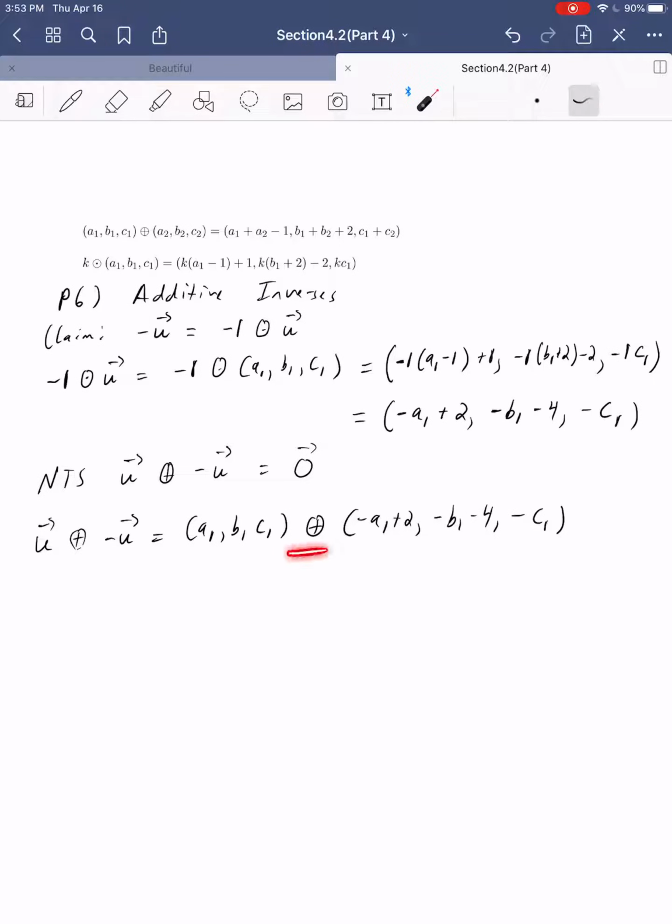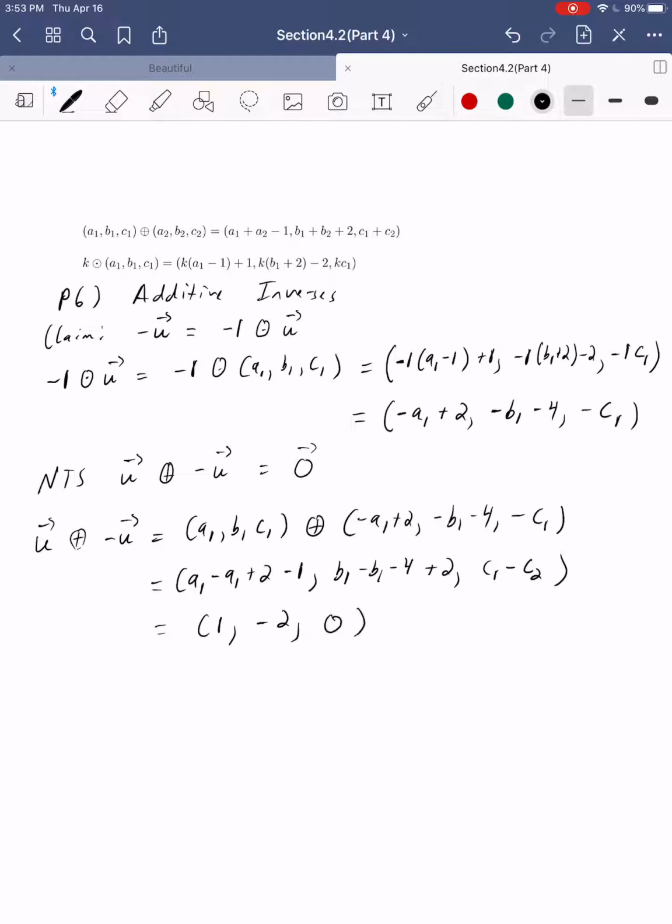So how do we do this vector addition? Again, using this operation. So we add the first two components, a1 plus -a1 plus 2, and then we subtract 1. Then we add the next one, b1 plus -b1 minus 4, and add 2. And then we add the last two components just normally, c1 and -c1. Let's simplify. This looks like we're going to get 1, -2, and 0.